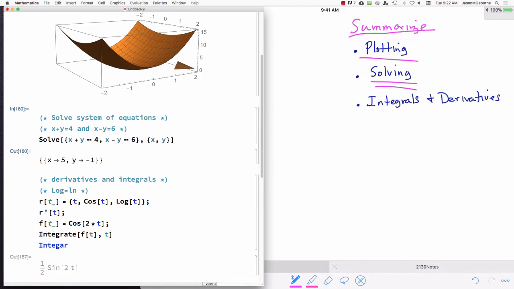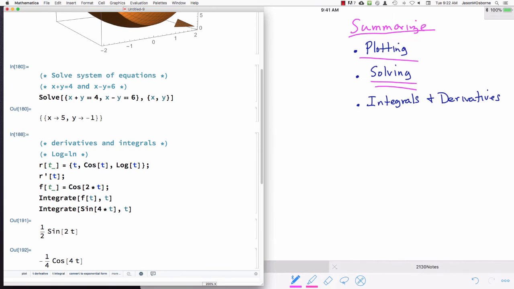Or you can just say Integrate sine of 4 times t with respect to t, and there's your answer for the integral of sine of 4t. So you can check any of your integrals if you need.